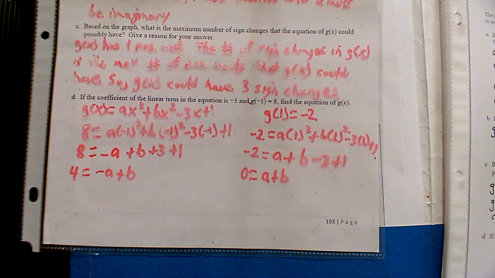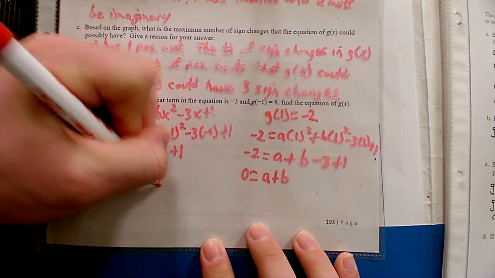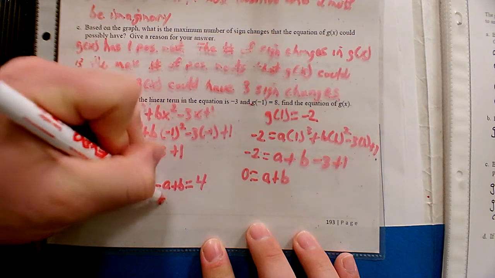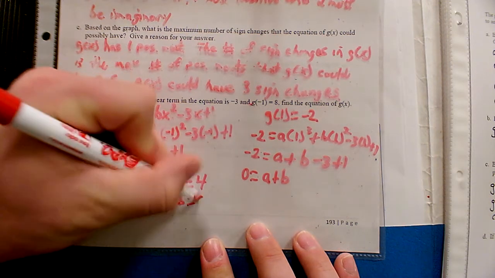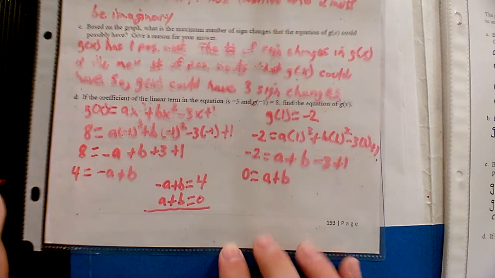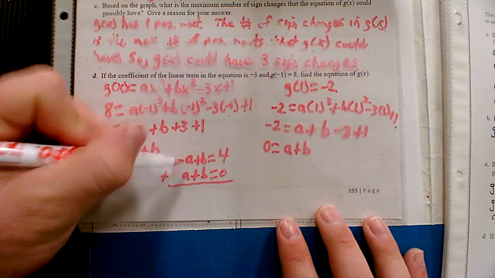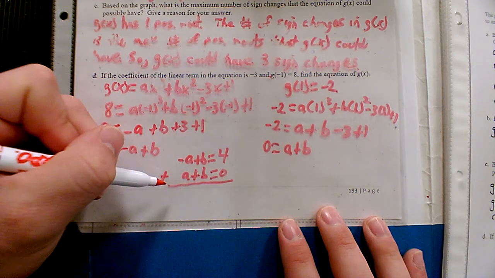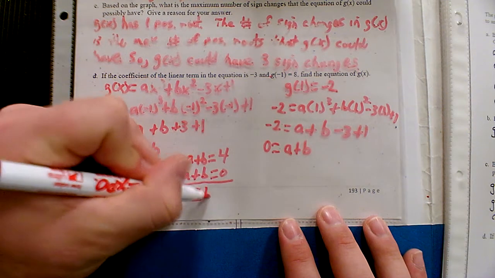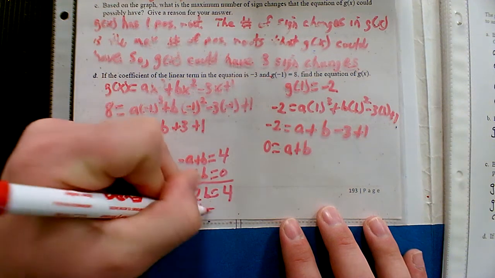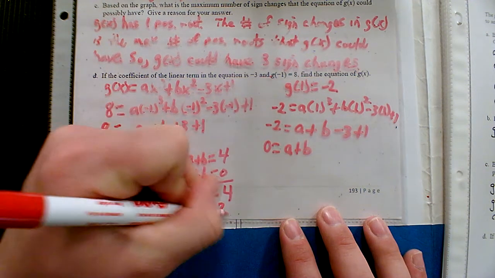Yeah, elimination, exactly. So we have -A plus B equals 4, and then A plus B equals 0. If we add them together, it's going to eliminate the A's. We'll get 2B equals 4. So B is equal to 2.